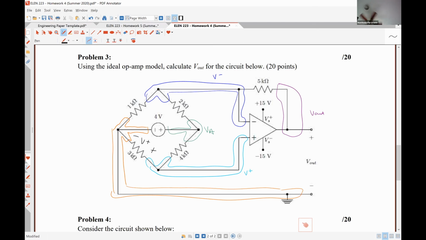Can you understand why that's true? Yes, sir. Yeah, so it's the potential difference between this point, which is the light blue node, and ground, which is the orange node. So V plus is going to be 4 volts times 3 kilo ohms over 7 kilo ohms. That's just using voltage division, so that's 12 sevenths of a volt.